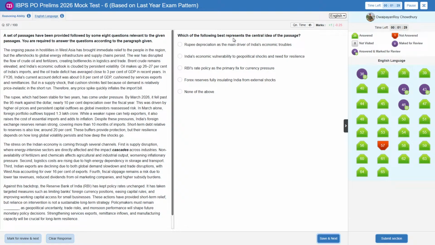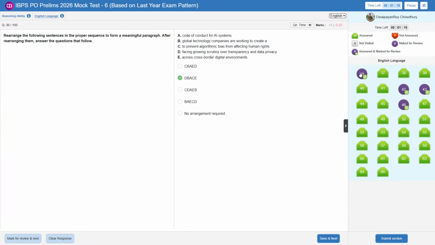Which of the following best represents the central idea of the passage? Rupee depreciation, India's economic vulnerability to geopolitical shock, and need for resilience. Definitely this one. Facing growing scrutiny over transparency, okay, to prevent algorithm bias from affecting human rights.